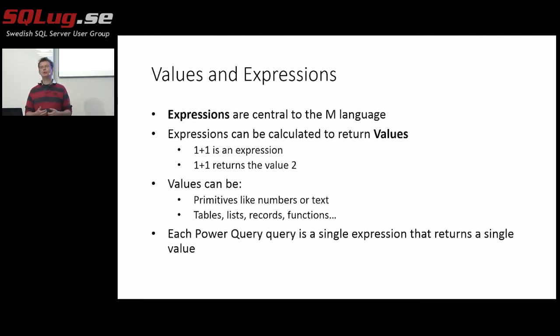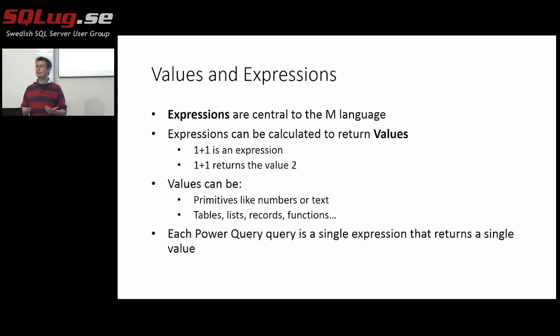So M is all about expressions. Expressions are evaluated to return values. Now, these values could be primitive data types like text, like numbers. They could be structured data types like tables. So a table is a data type in M. There are other structured data types we will see that are called, for example, lists and records.